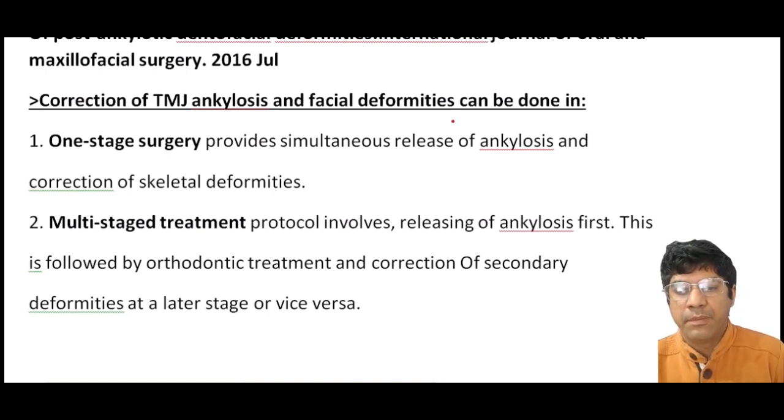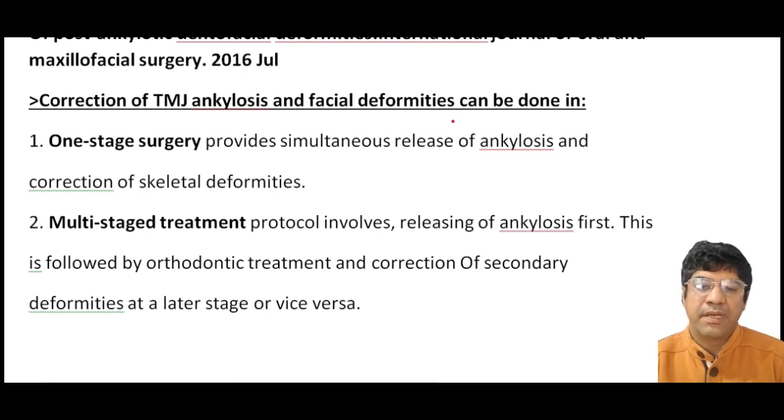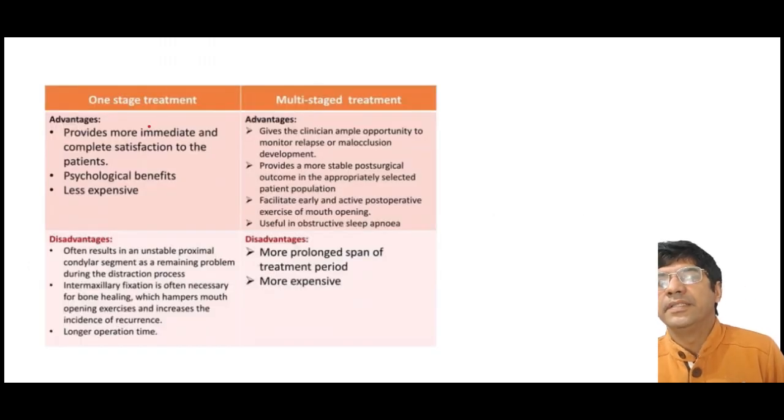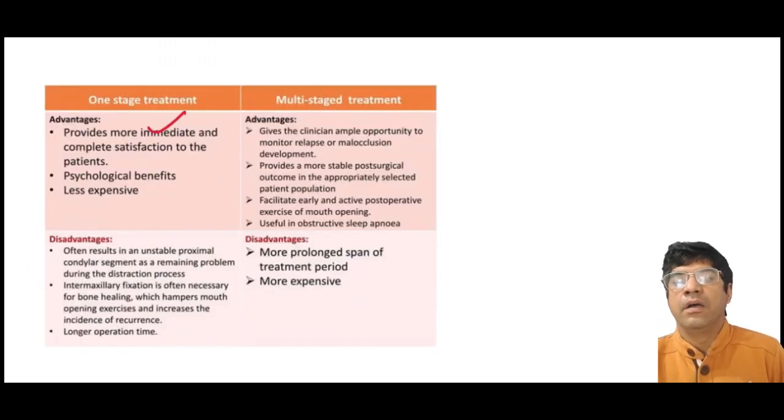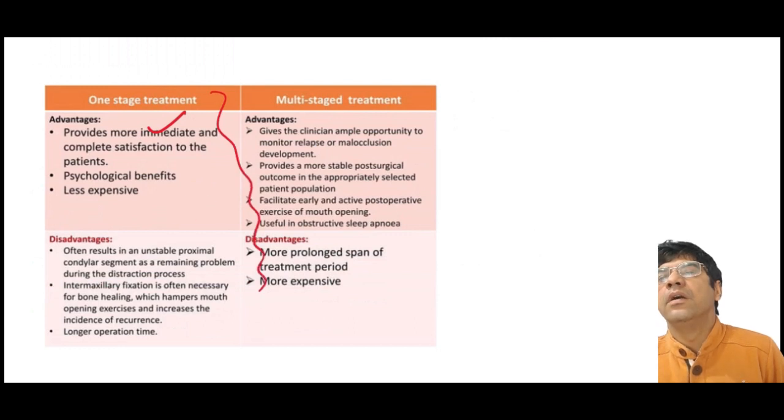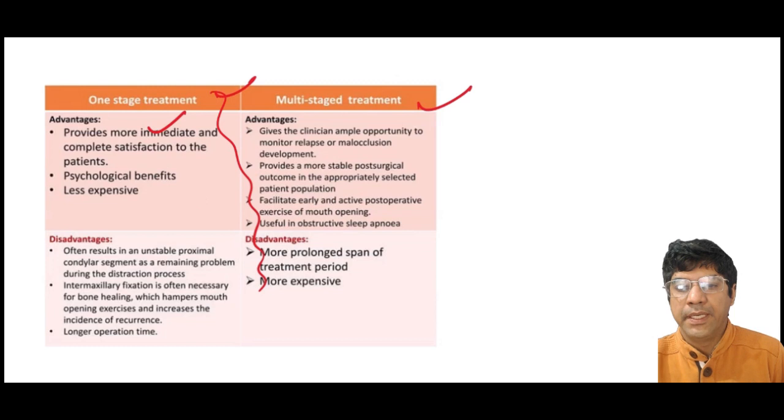Subsequently, another phase might involve orthodontic treatment to align the teeth and prepare the jaw for further correction. Then in a separate surgical phase, secondary deformities such as facial asymmetry or jaw misalignment can be corrected. So these are the advantages and disadvantages of the one-stage and the multi-stage treatment.